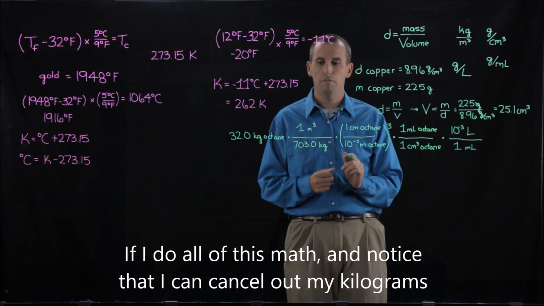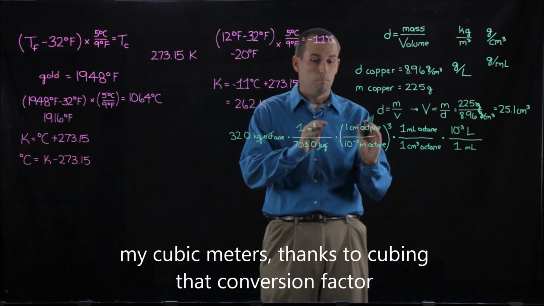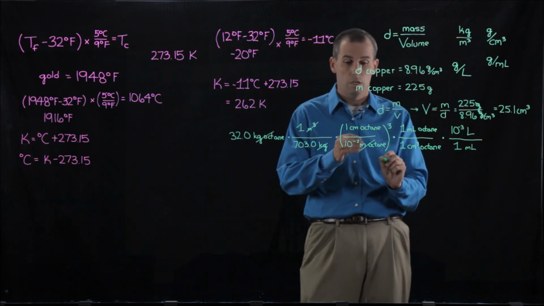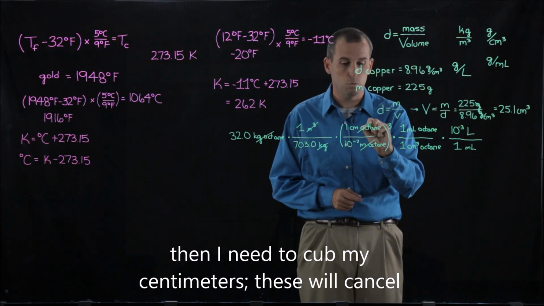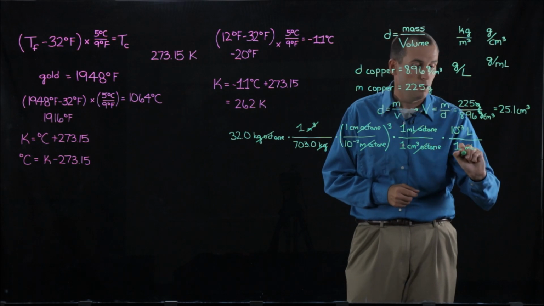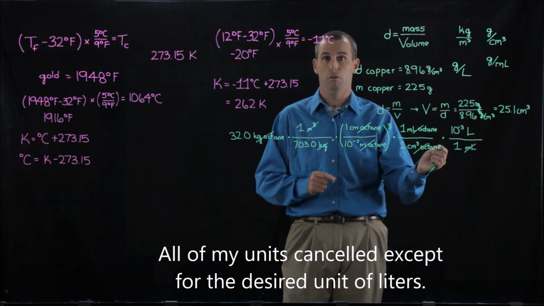If I do all of this math, notice that I can cancel out my kilograms and my cubic meters, thanks to cubing that conversion factor. Then I need to cube my centimeters. These will cancel. Finally, my milliliters will cancel. All of my units canceled except for the desired unit of liters.